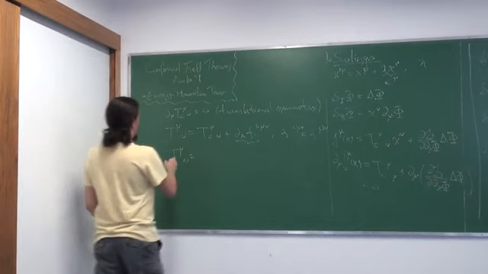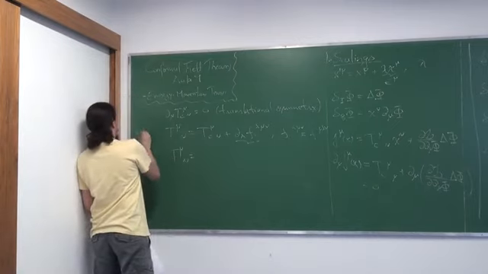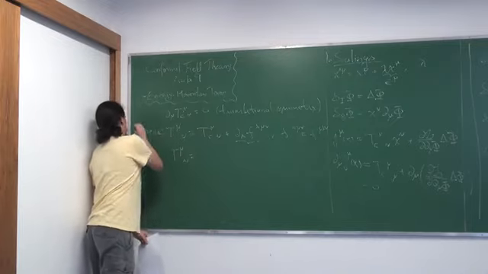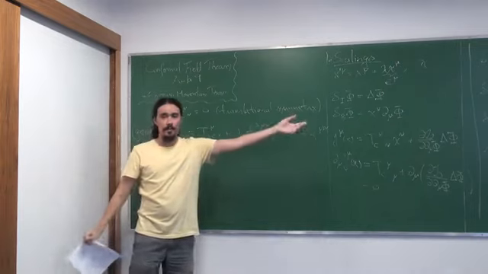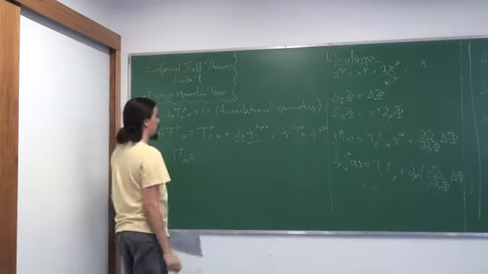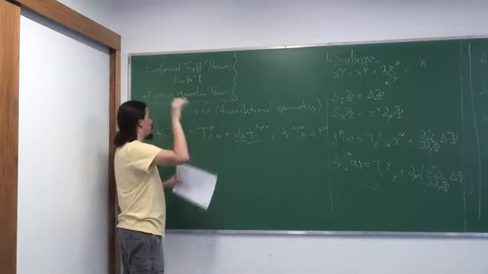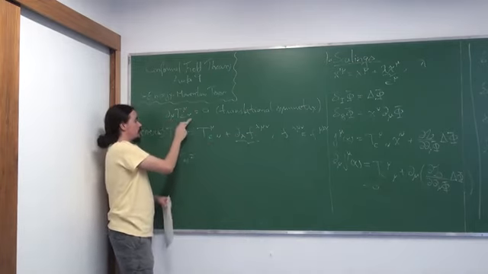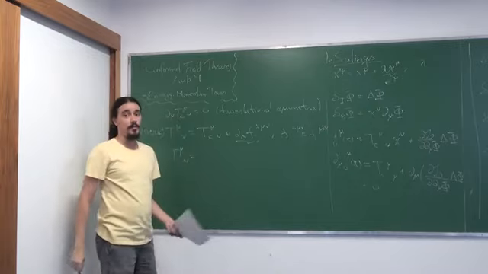This is a generic improved tensor. If you only want to make it symmetric, then this F would be the Belinfante one and so on, but in general it's going to be something else. This is just the general solution, if you want, of improving the canonical energy momentum tensor while keeping its conservation.